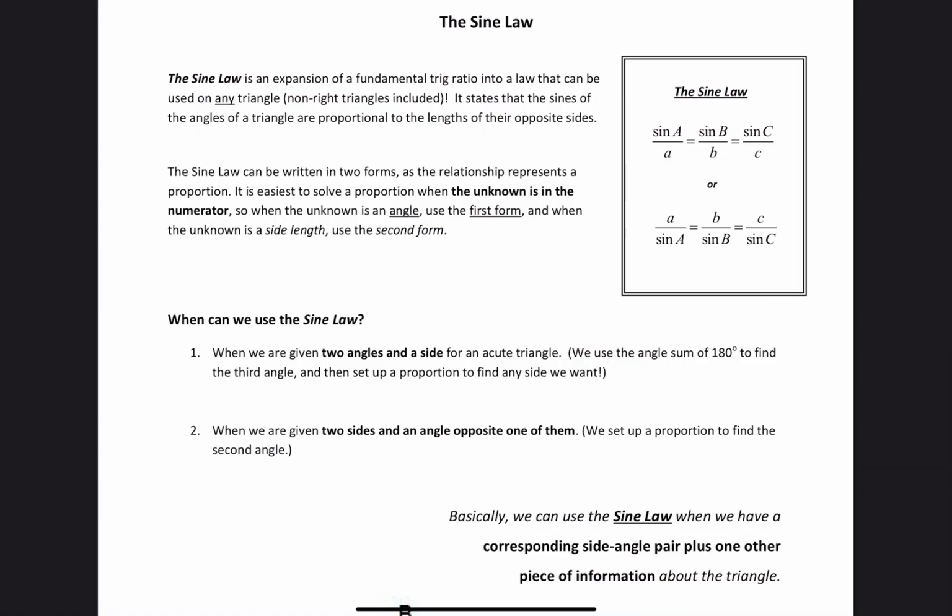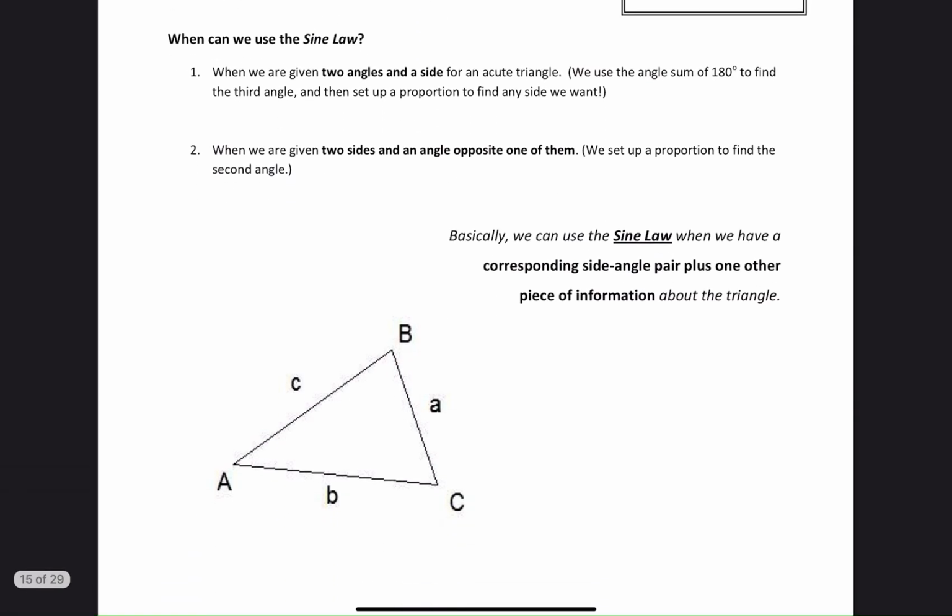So when can we use the sine law? There are two different scenarios where we can use the sine law. First is when we are given two angles and a side for an acute triangle. So we can use the angle sum of 180 degrees to find the third angle and then set up a proportion to find any side we want.